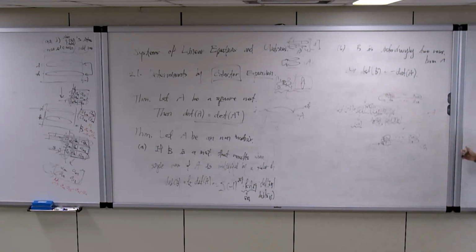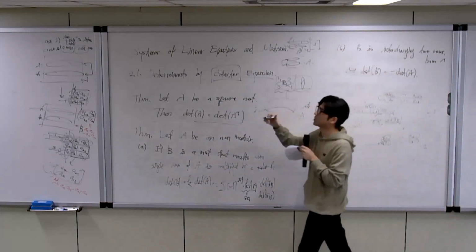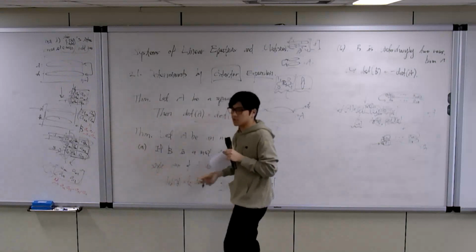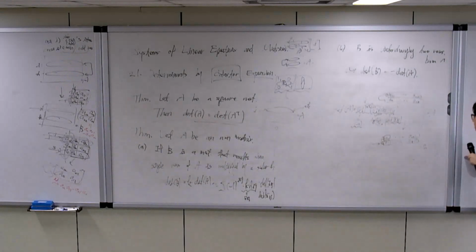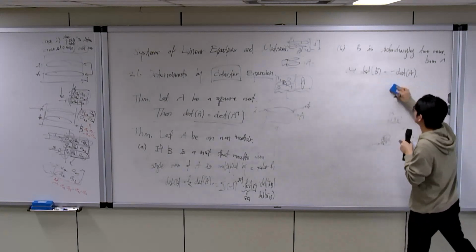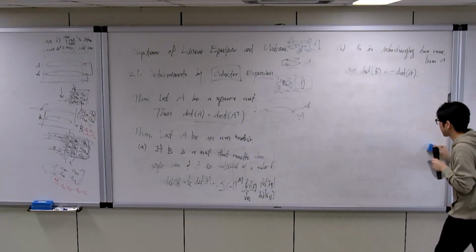So in both cases we can see the change of sign of the determinant. It means the determinant of B is equal to minus the determinant of A.